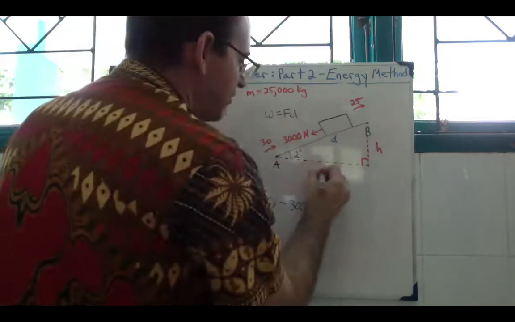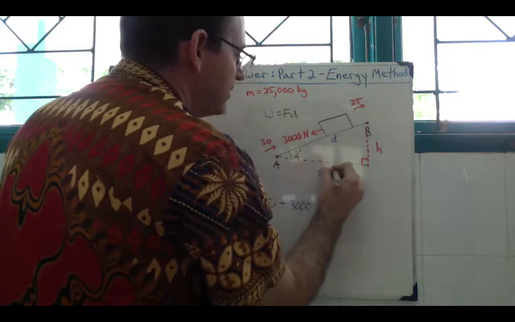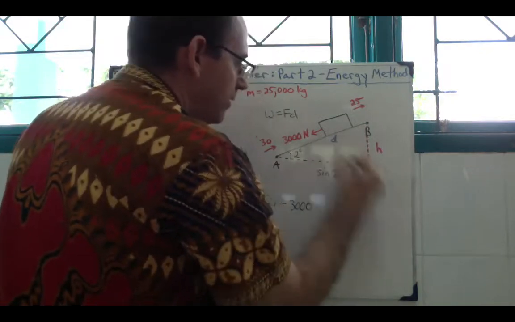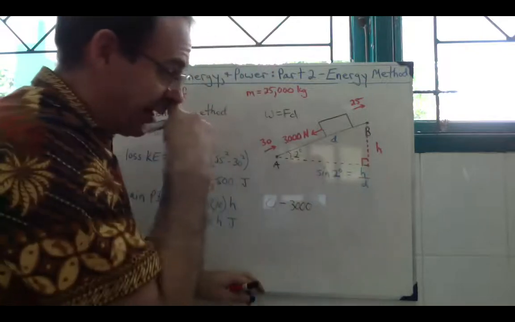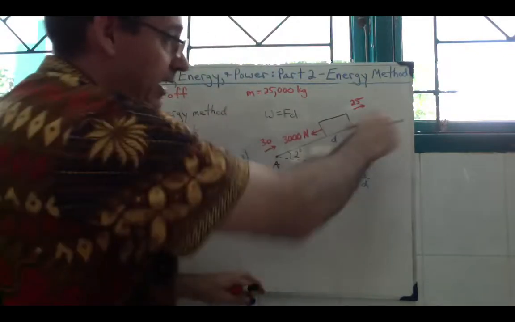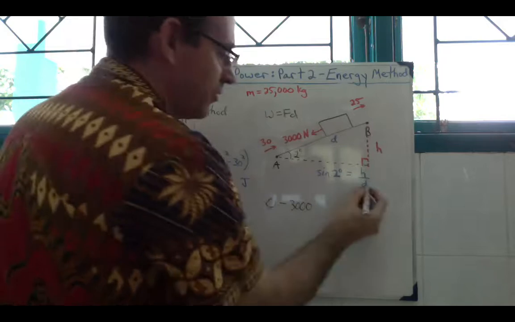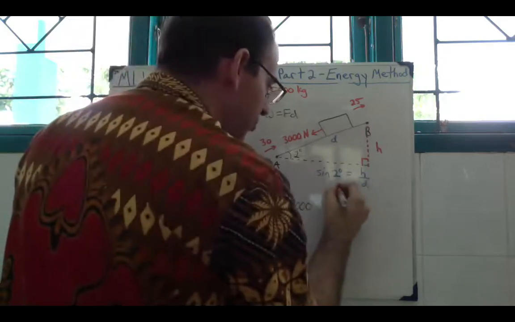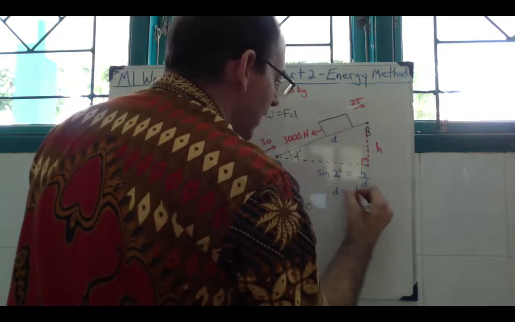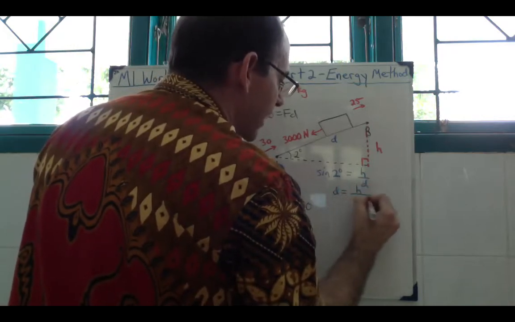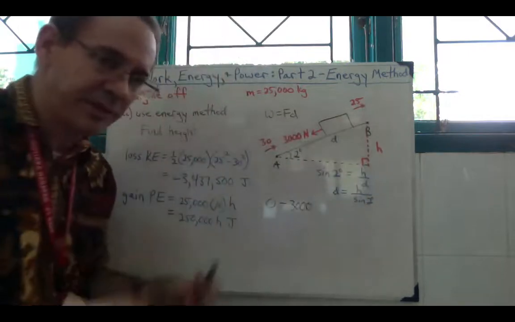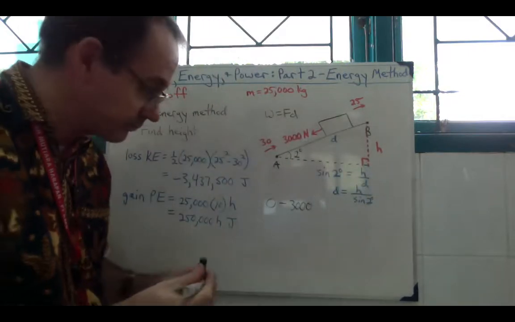So if we take sine of 2 degrees, we get opposite over hypotenuse. And what we need here is the hypotenuse. What is this length? So if we multiply by the d up and divide by the sine 2, our d is equal to h over sine 2 degrees. This is the length over which the 3,000 newtons is being applied.